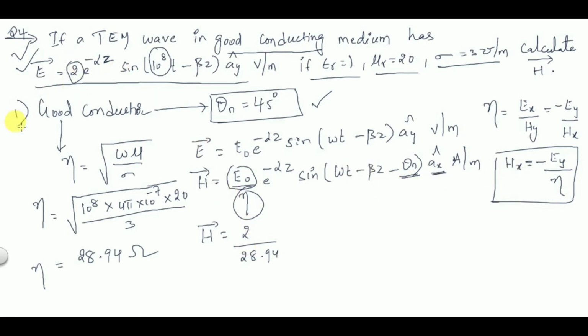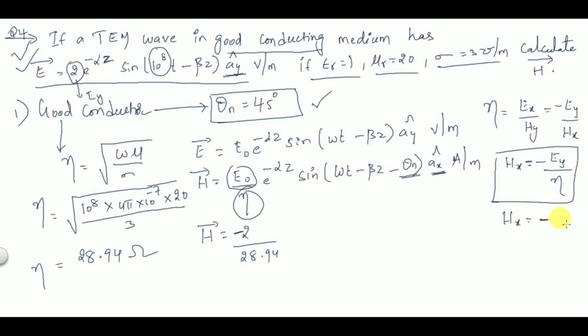Ey value is this, right? Because the wave is propagating along y, this will be the value of Ey. So minus Ey by eta is minus 2 by 28.94. Understood?